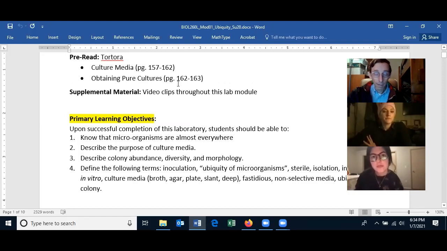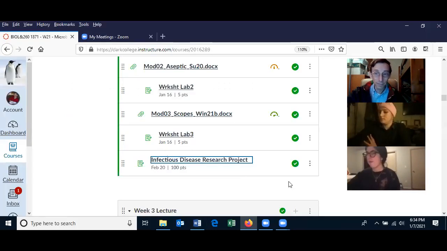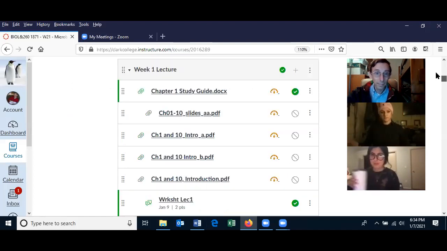If you don't have the lecture textbook, I got a note from a student saying that the bookstore was all out. You can make attempts to get the textbook, but I have copies of the first chapters online. Let me see if I can find where that is. I think it's up at the very beginning.